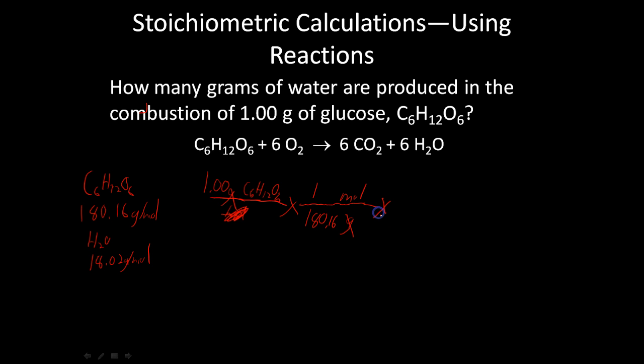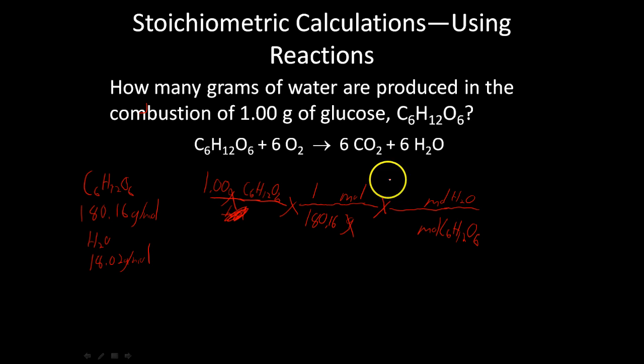But we want to actually convert from moles of C6H12O6 to moles of water, and so we use the balanced chemical equation. From a balanced chemical equation, we'll get, let's see here, mole of C6H12O6, I've been saying H2, it's H12, per mole of H2O.